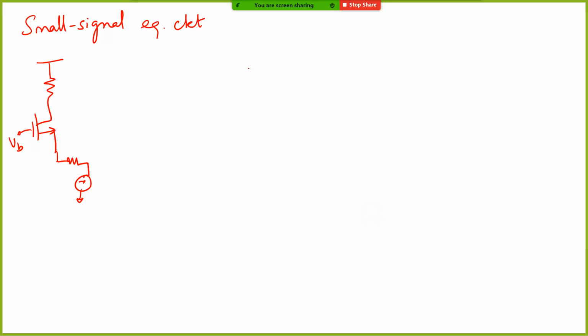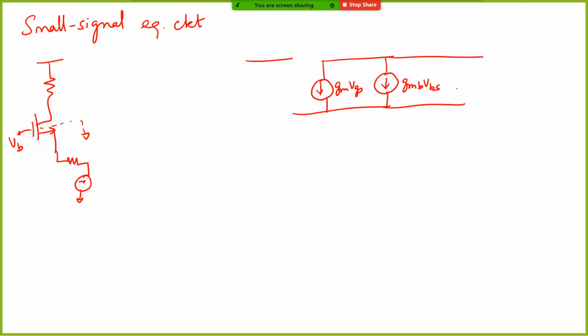So let's start with the device. This is the gate, this is the drain, and this is the source. Drain to source you have gm VGS. Because the bulk is connected to ground, you will have gmb VB. And then you have r0. So these are the three things between the drain node and the source node.